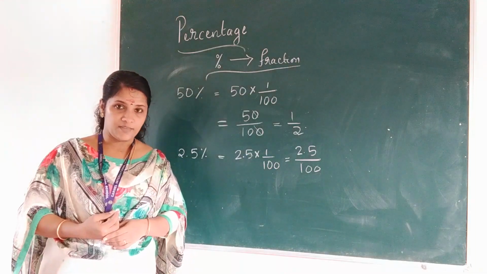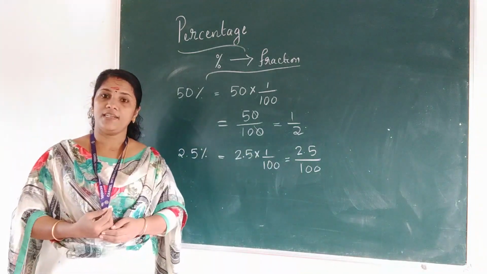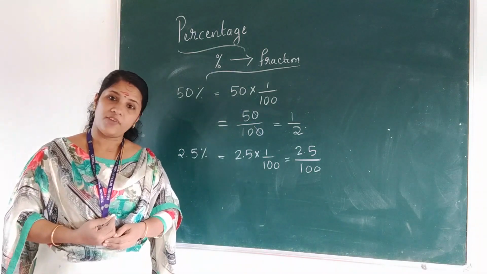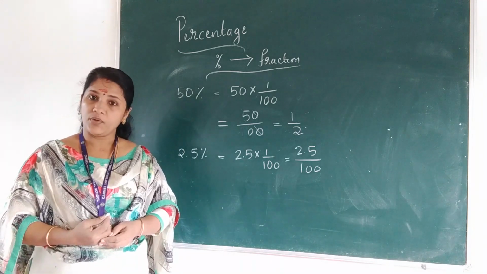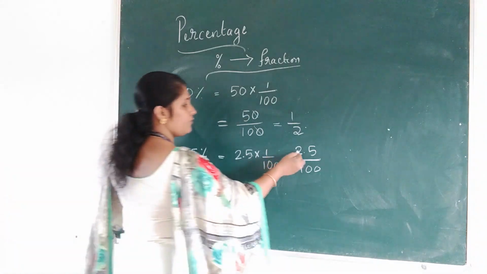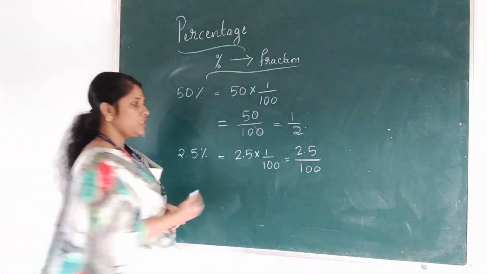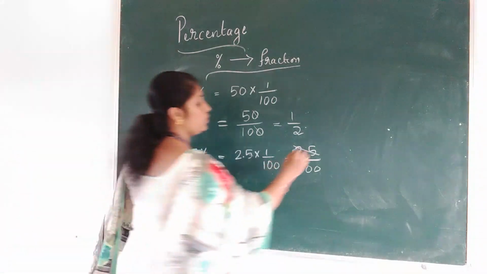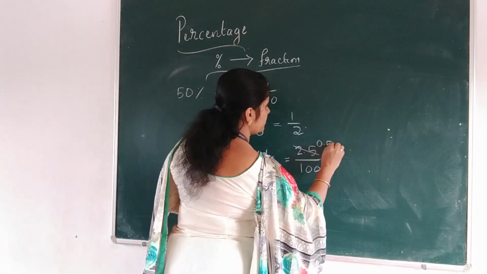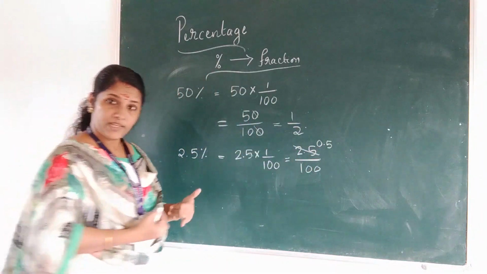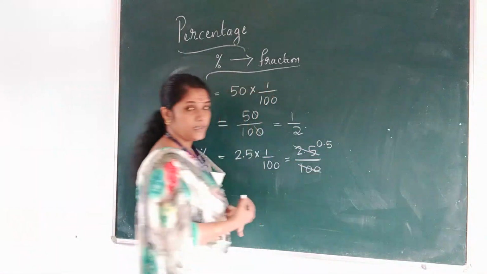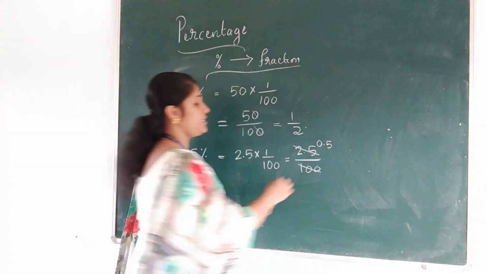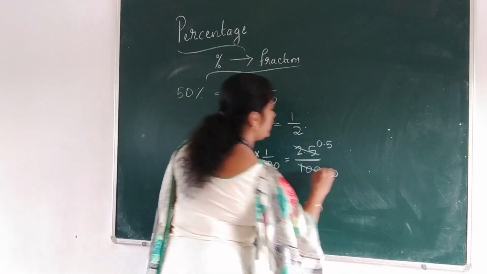In the numerator, there is a decimal number. In the denominator, it's 100. But we have to remove the common factors also, right? How will we do it? 5 is the common factor. 2.5 divided by 5 will give you 0.5. Denominator, 100 divided by 5 is 20.